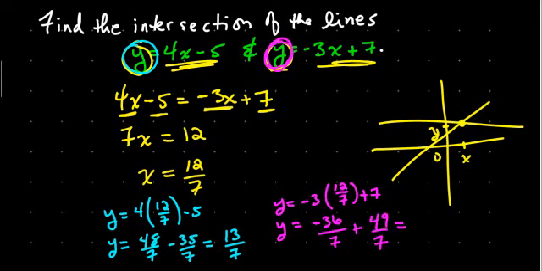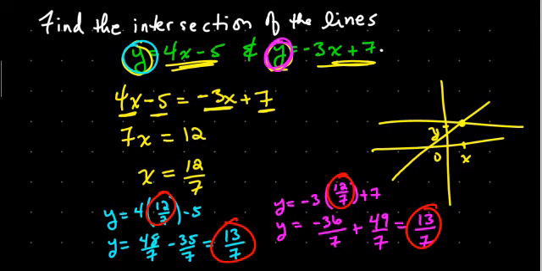And we're going to get 49 minus 36 is 13 sevenths. And we see in both cases here, I let x be 12 sevenths and I got y to be 13 sevenths. X is 12 sevenths and y is 13 sevenths. So just demonstrating that it didn't matter which one we put it in.